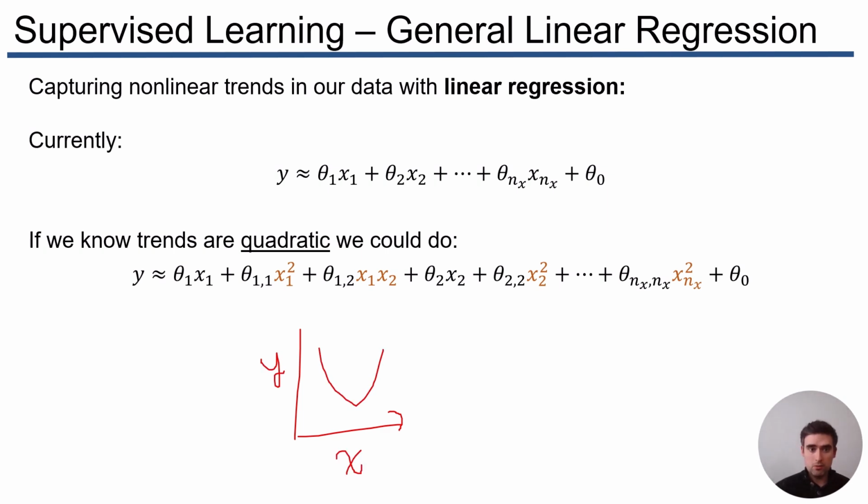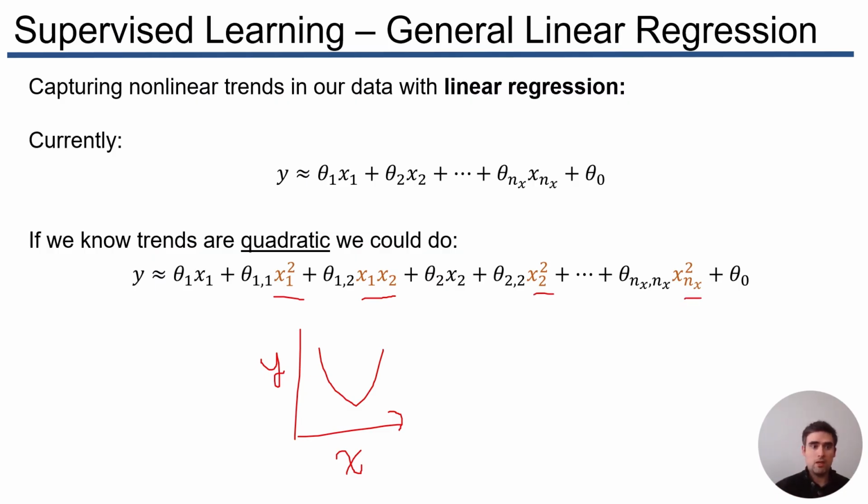And therefore, what we can do is pre-process the data and multiply, for example, the number of windows squared. I assume that that is a new feature. Maybe the number of windows times the square meters. I assume that that is also a new feature, and so on and so forth.